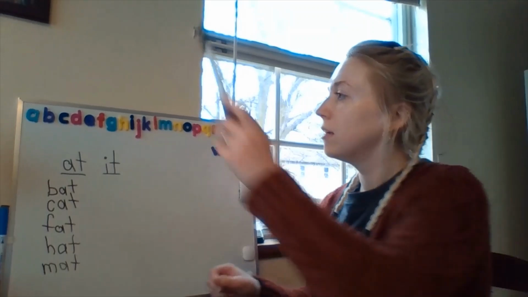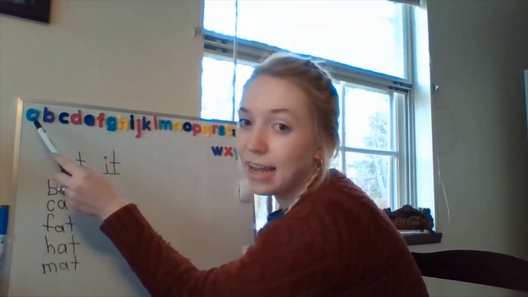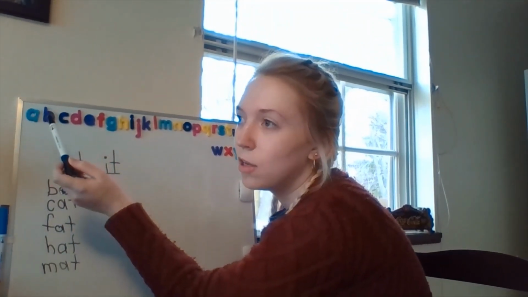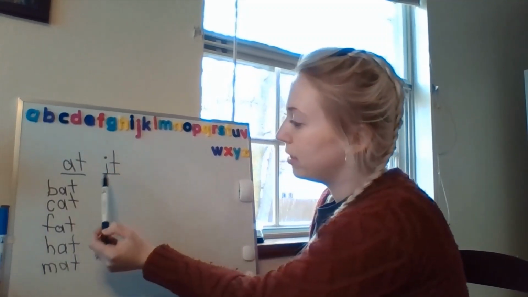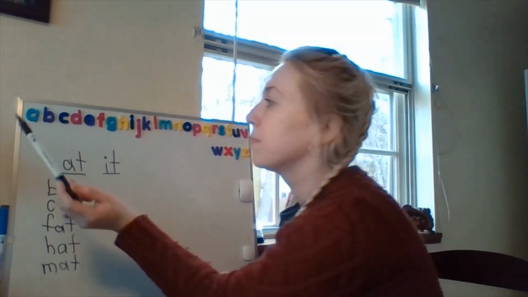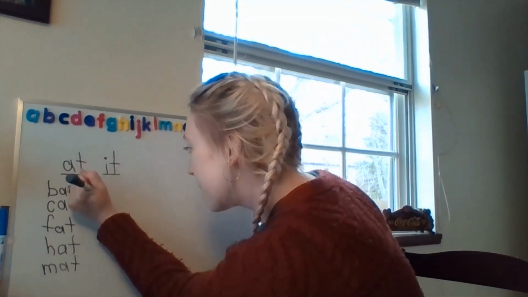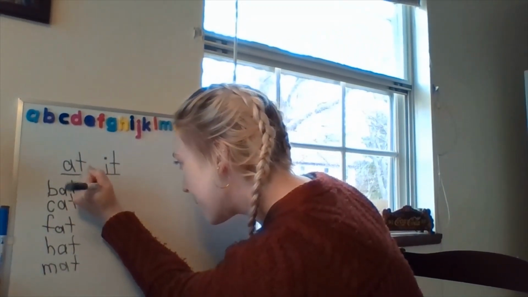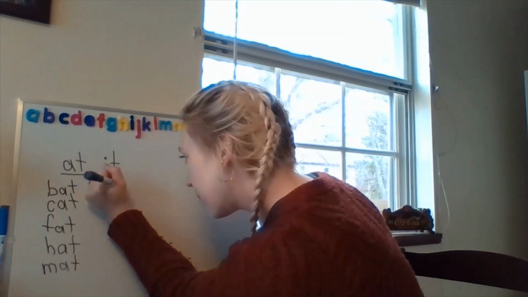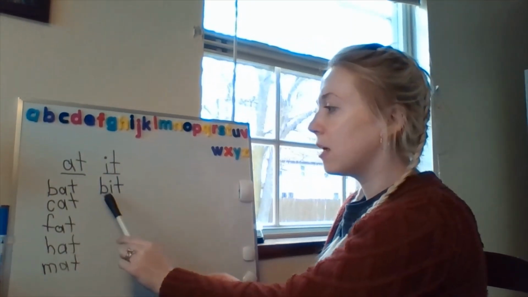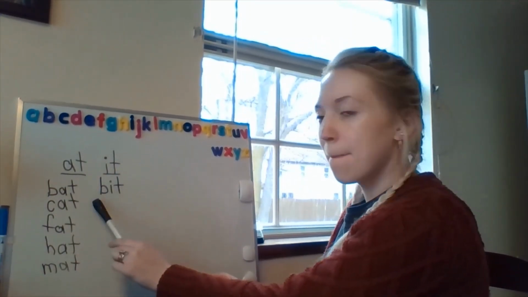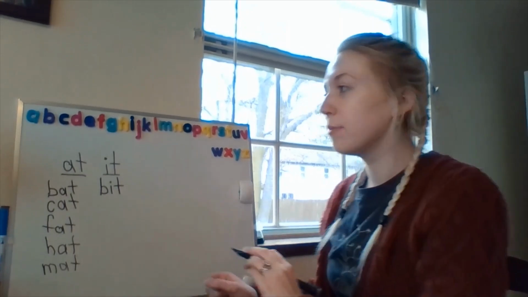What about, let's start over here. We can't add an A because that's a vowel. Remember, vowels are only going to go in the middle of our words. So what about a B? What if I add a B to it? It. Bit. That's the word bit.